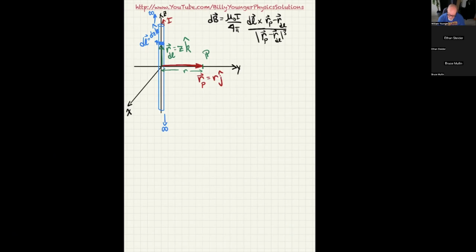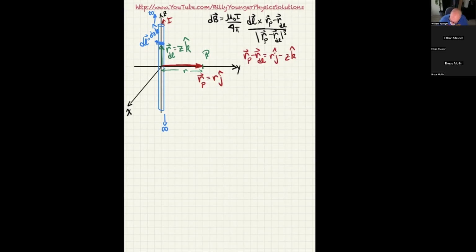Okay. So now I've completed my r_p and my r_dl, but I need to calculate r_p minus r_dl now. And you can see that's going to be r j hat minus z k hat. So that's what r_p minus r_dl is.